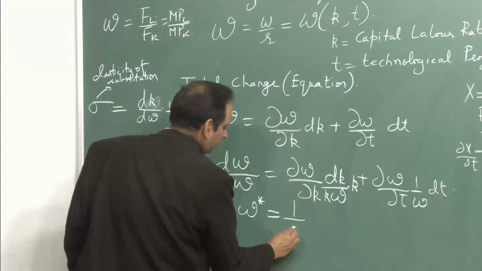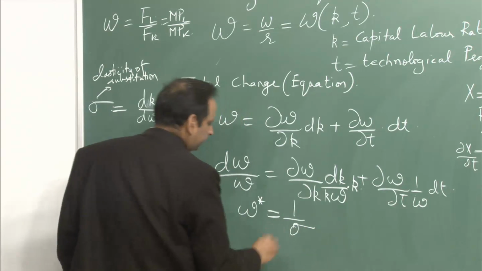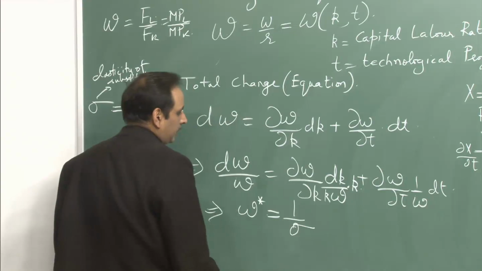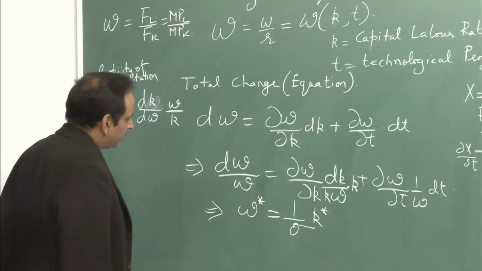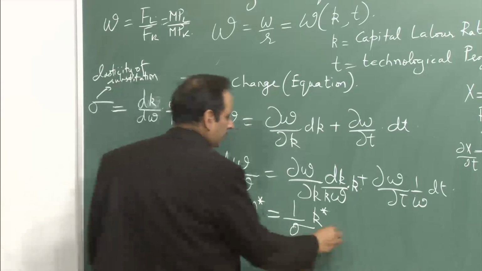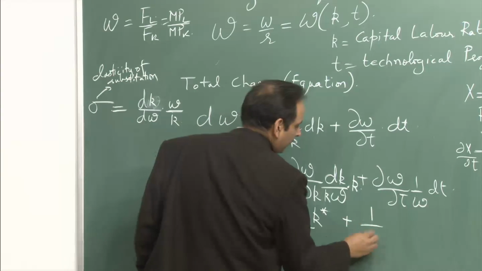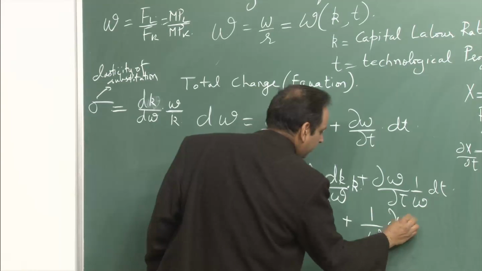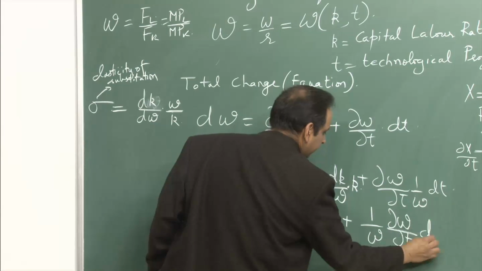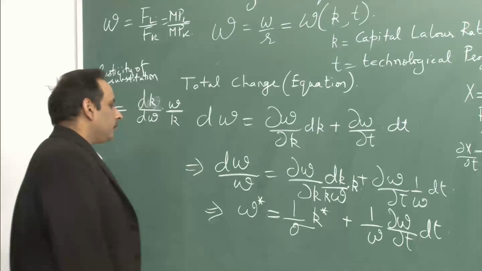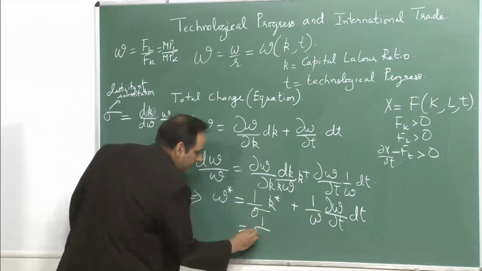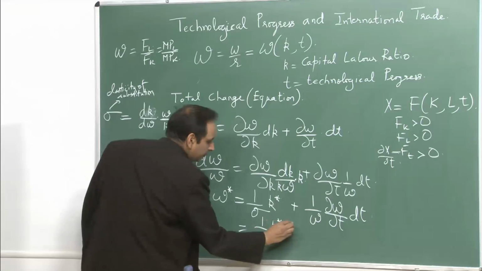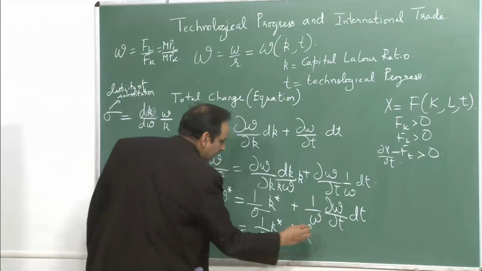So, this term would be 1 by sigma and k star, this is the proportionate change in the capital labor ratio, plus 1 by omega del W del T dt. So, further this is 1 by sigma k star plus, now call this as alpha.